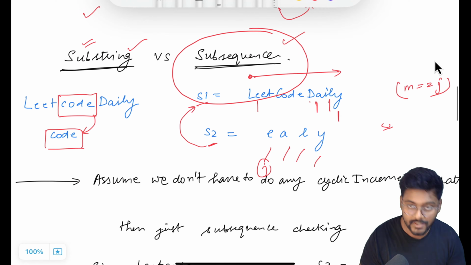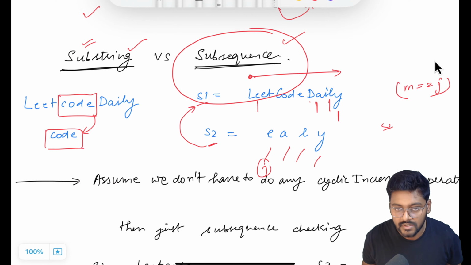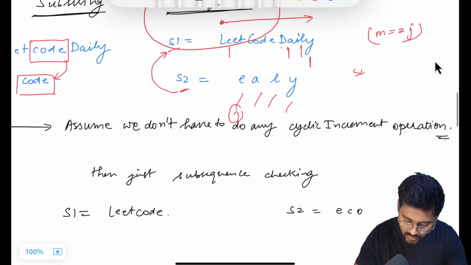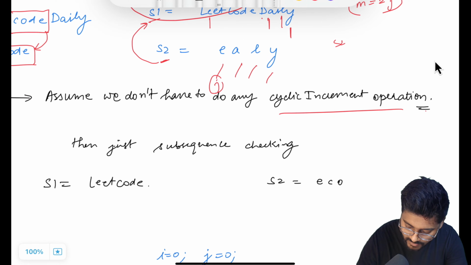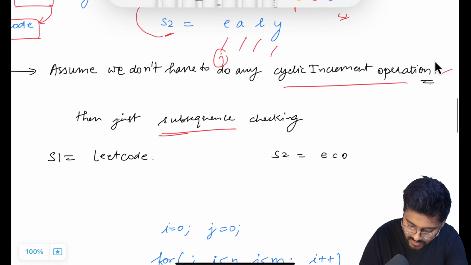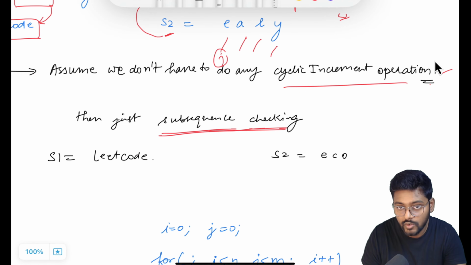Now let's assume that you don't have to do that operation. If that operation is not in the problem statement, then your problem statement becomes: is string 2 a subsequence of string 1 or not, yes or no. Just normal subsequence checking logic. And how do we do the subsequence checking?